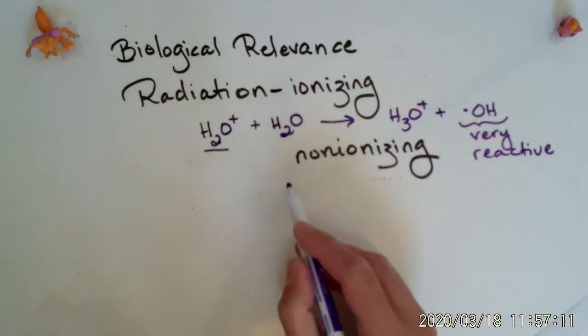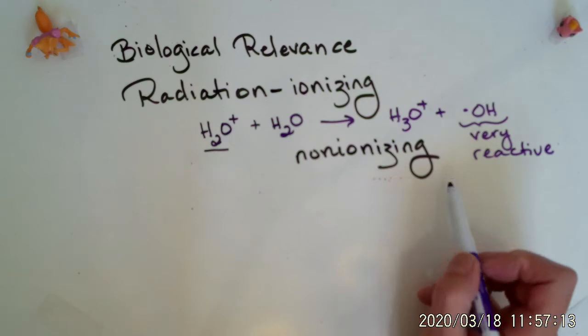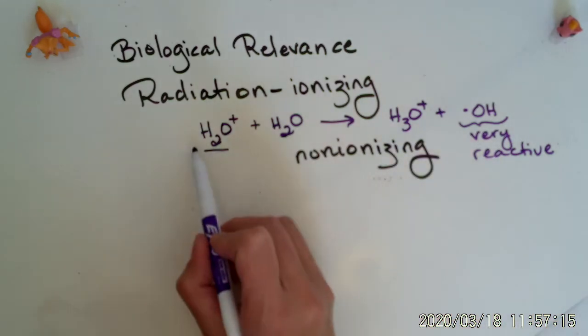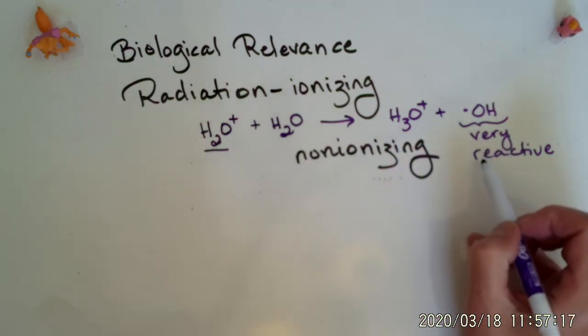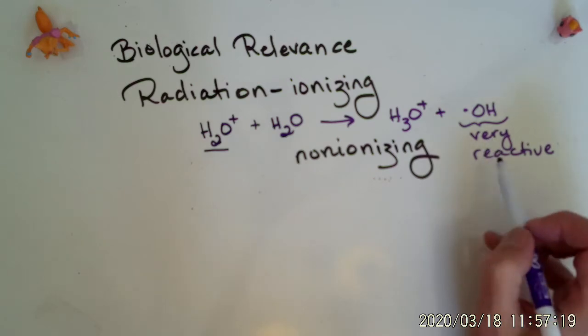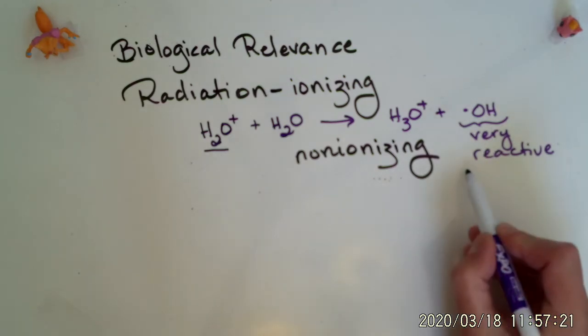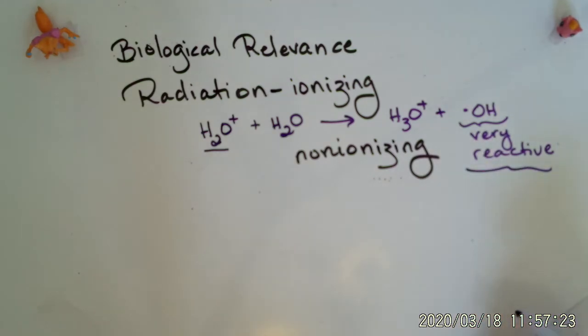Non-ionizing doesn't do this. For ionizing radiation, the production of hydroxyl radicals is what makes it so dangerous, because the radical starts reacting with all the different chemicals in your body.